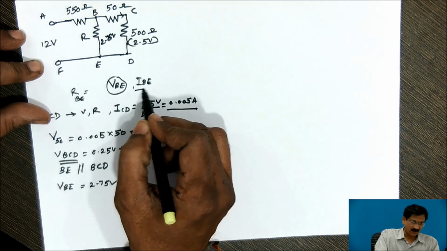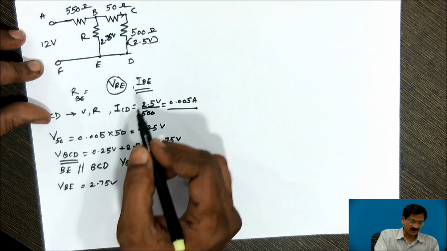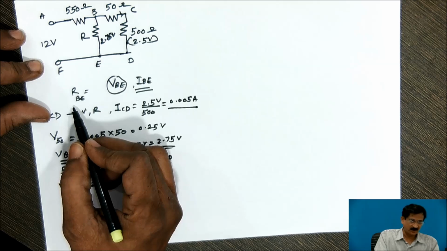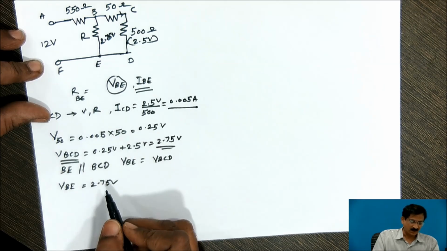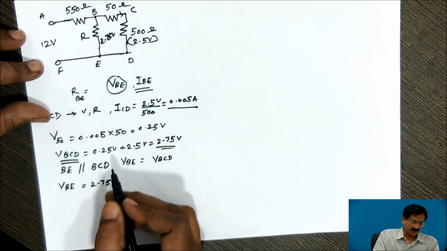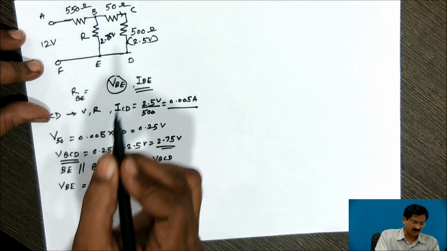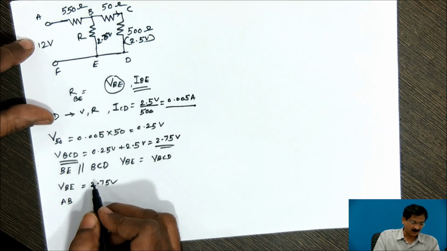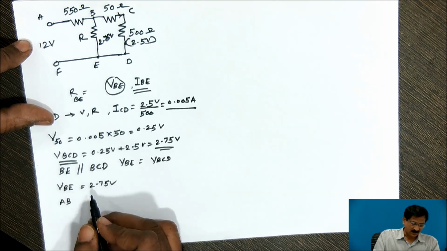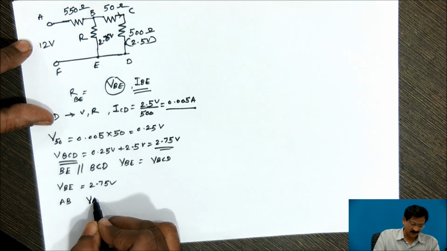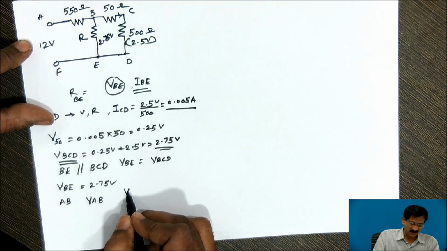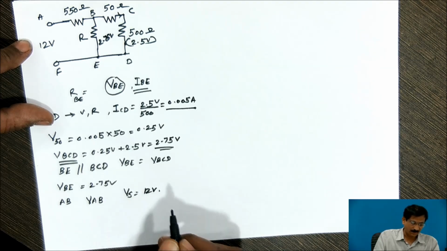Now the remaining part is to find out IBE, then we can find out RBE. How to go for IBE? Now let us go to the branch AB. Let us find out the voltage across VAB. The supply voltage is 12 volts.